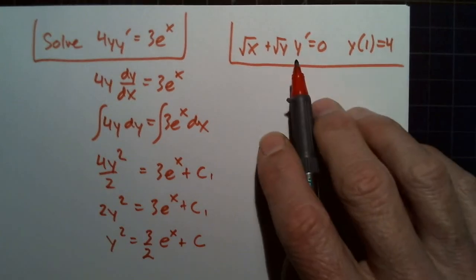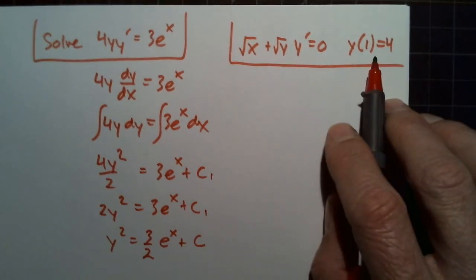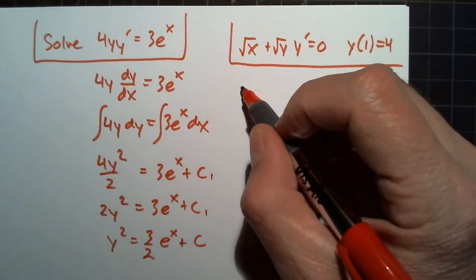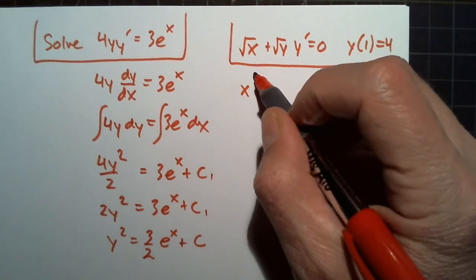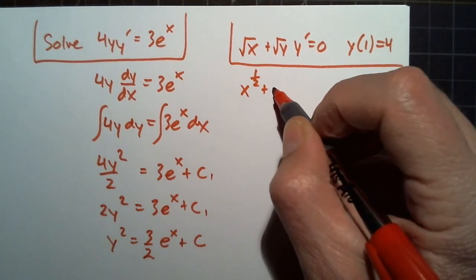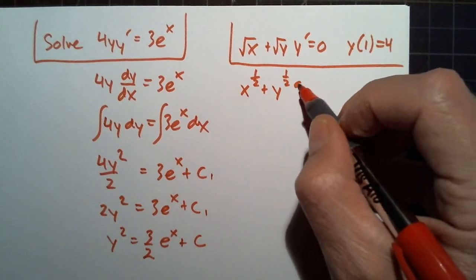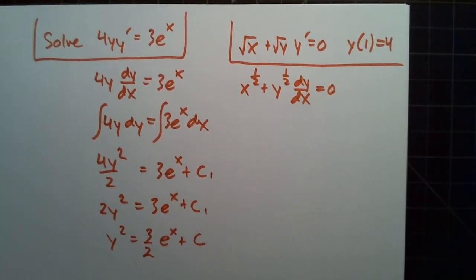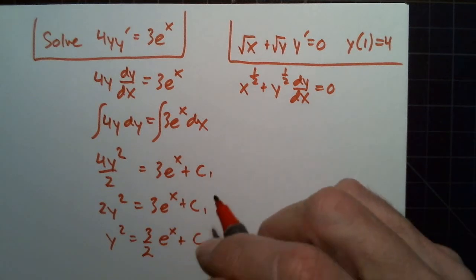Alright, so here we have a differential equation and an initial condition, so we'll be able to solve for c. Let's write this as x to the 1/2, y to the 1/2, dy dx. And we need to separate the variables.